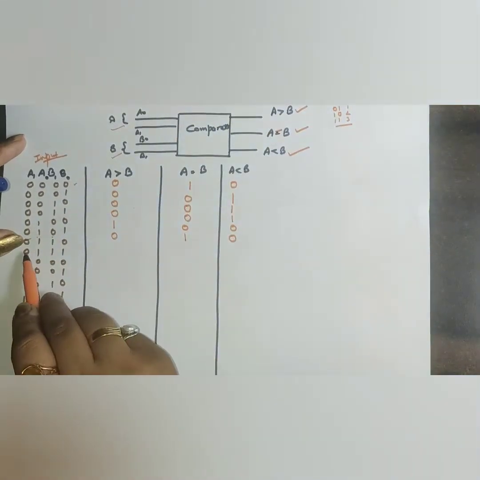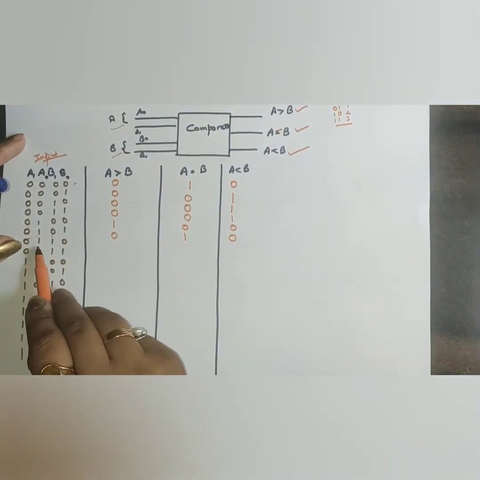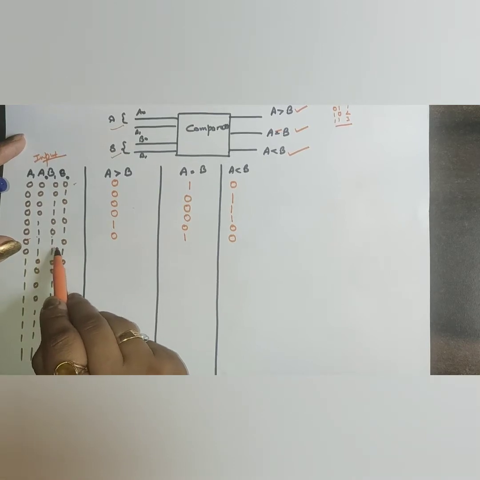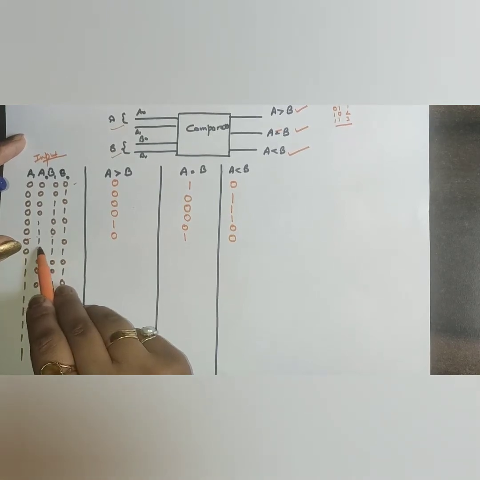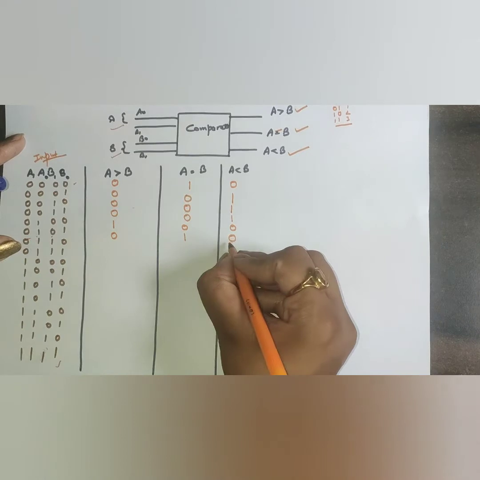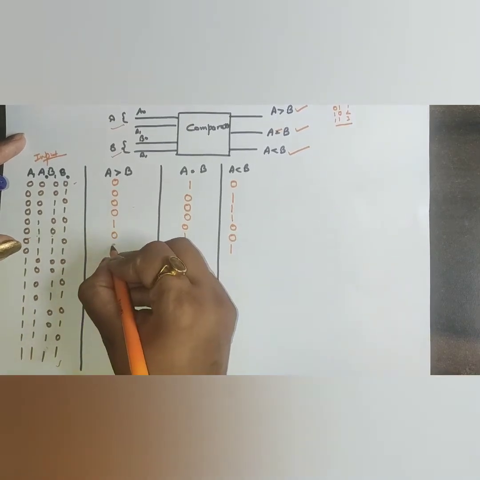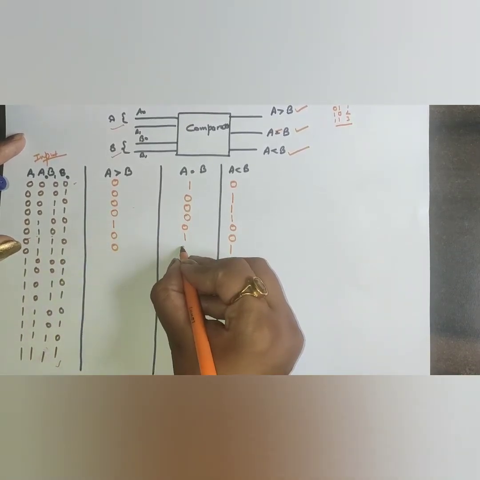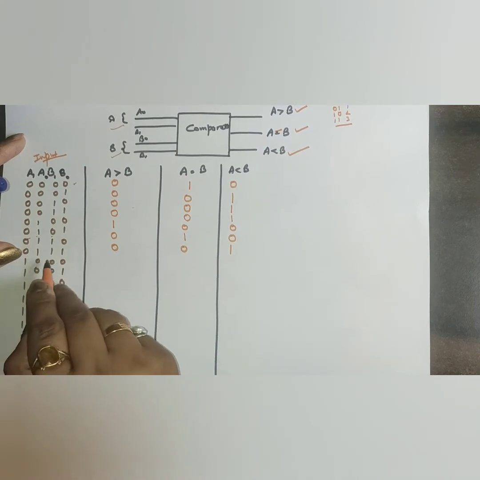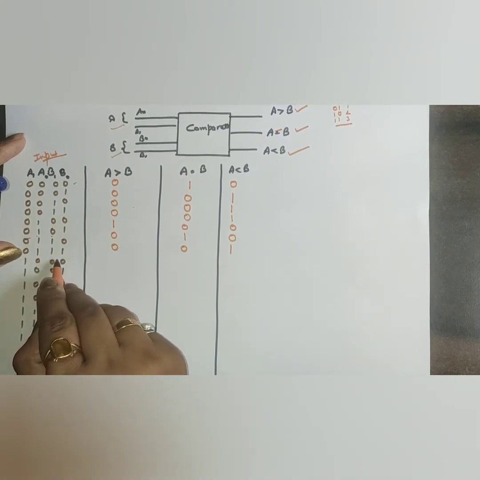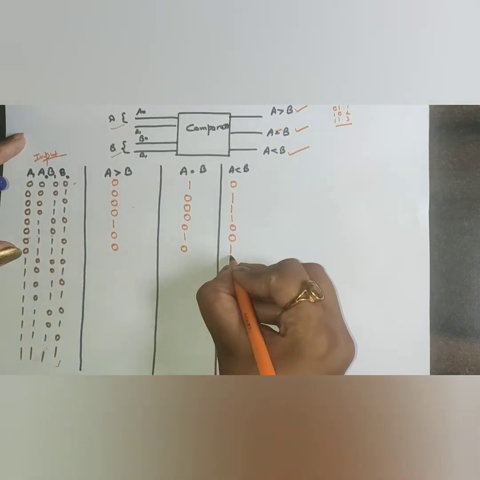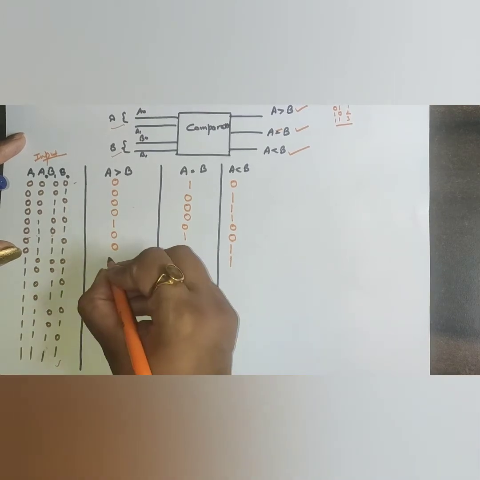Here A is 1 and B is 2, so A is less than B. So here is 1, here is 0 and here is 0. Now 0 1 1 1, so A is less than B. Here 1, here 0 and here 0.